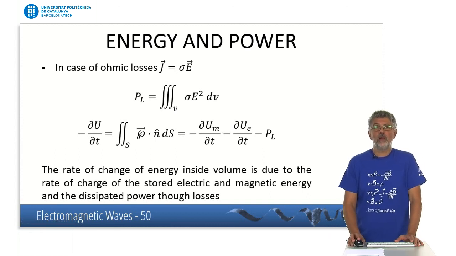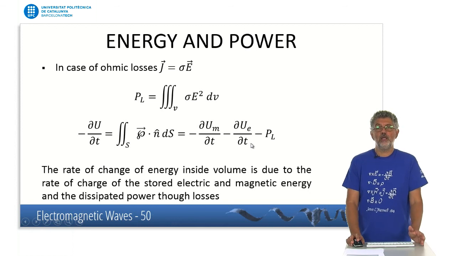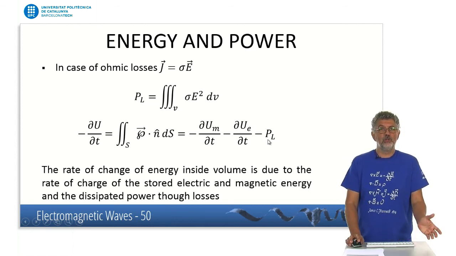So the lost power can be written in this way, and we can see that the rate of change of energy, which is just the power flow of the Poynting vector, is the change in magnetic energy, the change in electric energy, and the power loss through ohmic losses.